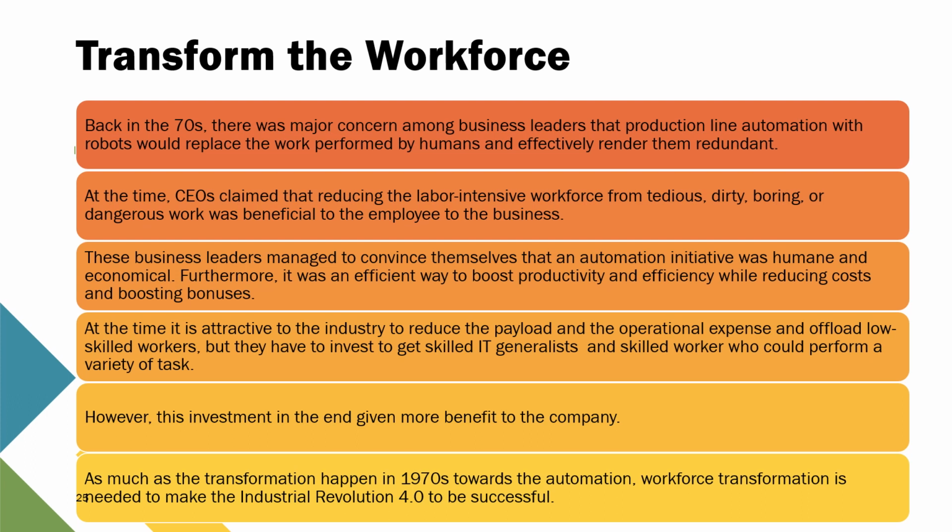So there might be a reduction of people working in the production line, but it can also transform people into skilled workers who have a certain specialty, let's say for example in IT.